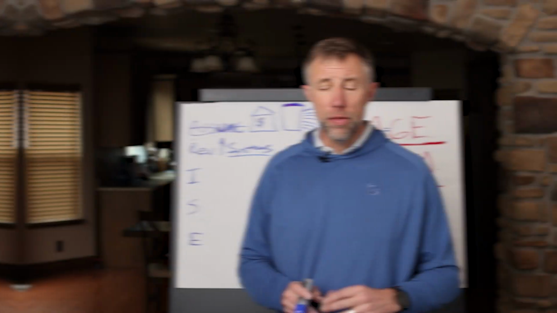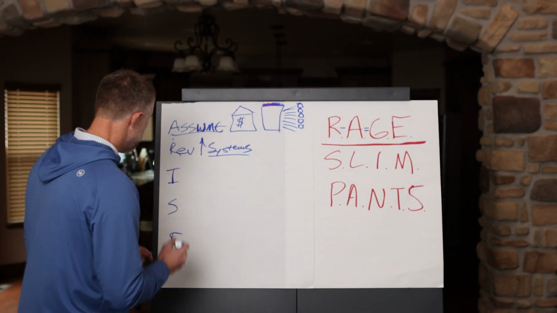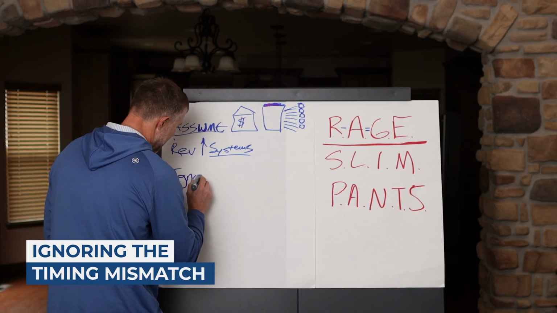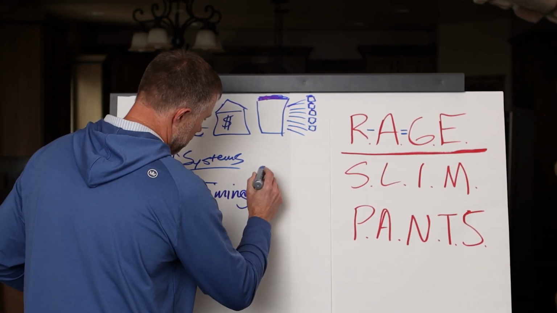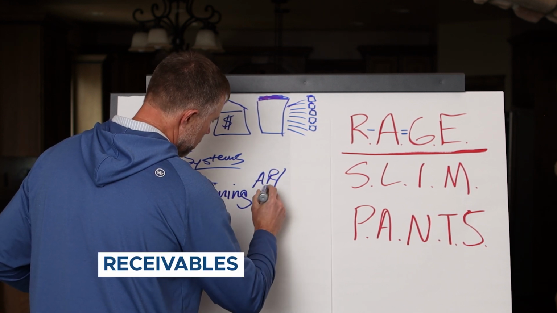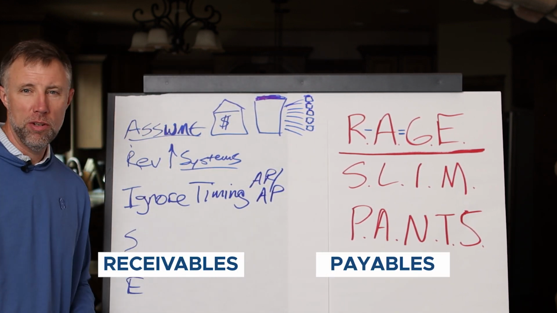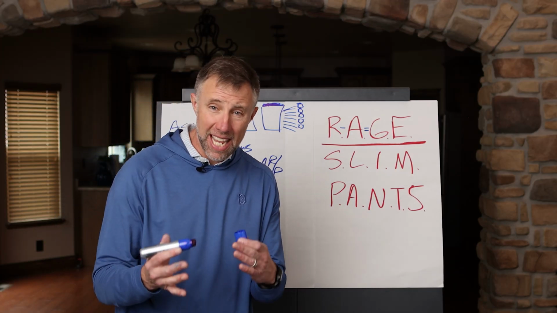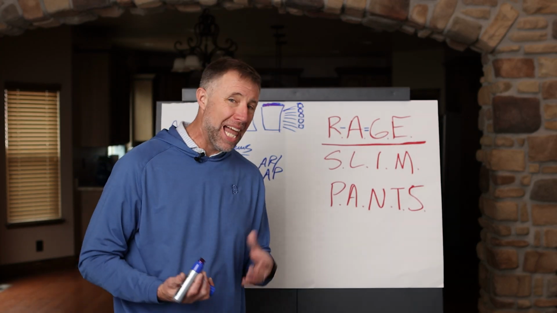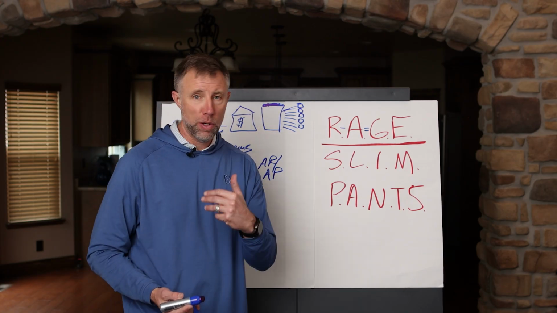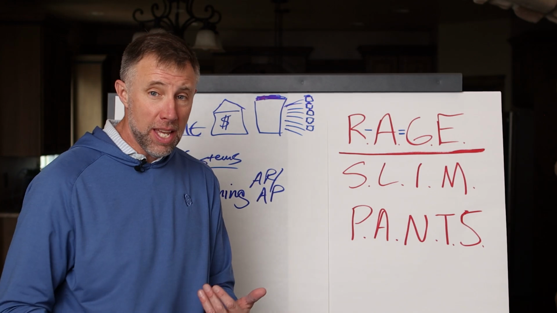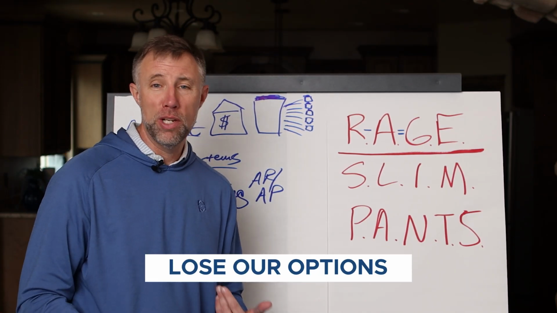The third way cash flow problems arise is when we start to ignore the timing of money. So money has timing in any given business, particularly in the area of receivables and payables. So accounts receivable, accounts payable. And we should have dedicated terms to those things. But if we're lax on our terms for receiving payment, 30 days turns into 45, turns into 60, turns into 90, then we lose our options because we've lost our cash.